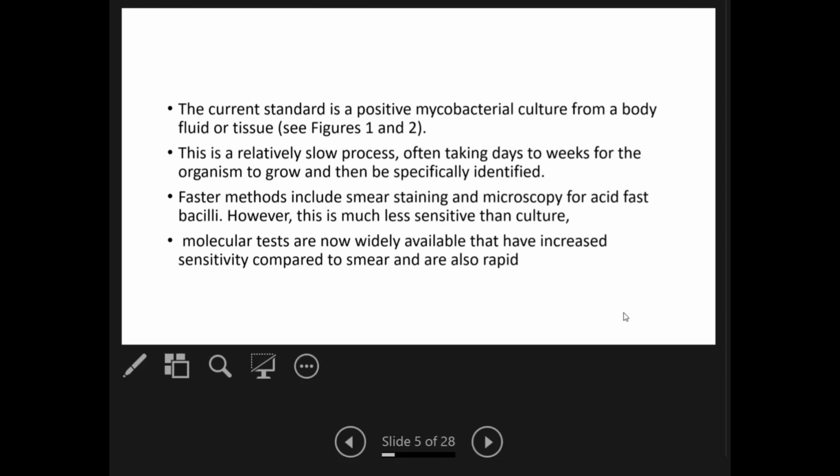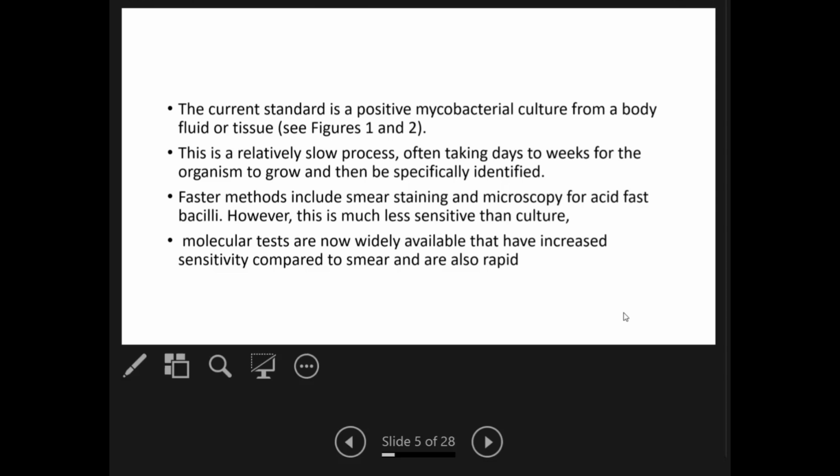What is the conventional faster method then? The conventional faster method is smear staining. It was discovered many hundreds of years ago, but it is still a very useful test, very simple and very quick. But unfortunately, doing AFB staining on direct samples is less sensitive than culture.